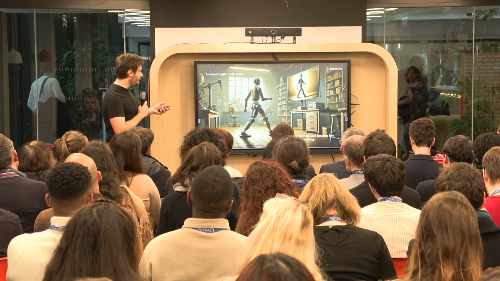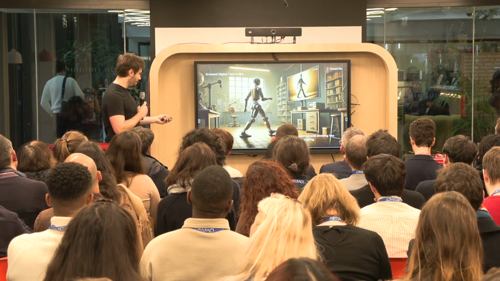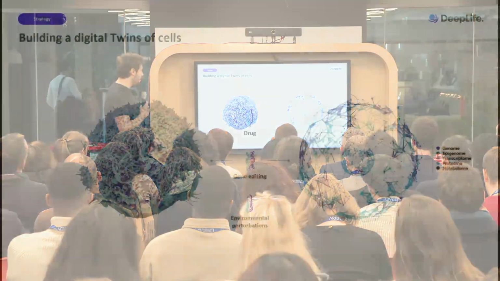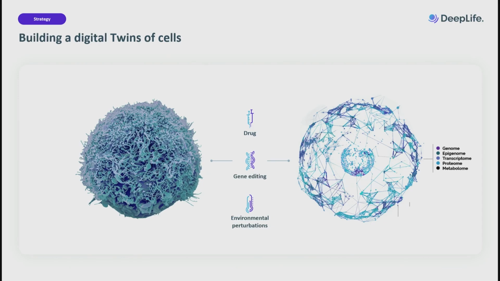What we're doing is exactly the same thing, but applied to cells. The type of data that we use is what we call omics data. There are a bunch of them: genomics data, measuring the genome, epigenomics data, transcriptomics data, proteomics data. These data measure the activity of the different components of the cell very precisely.